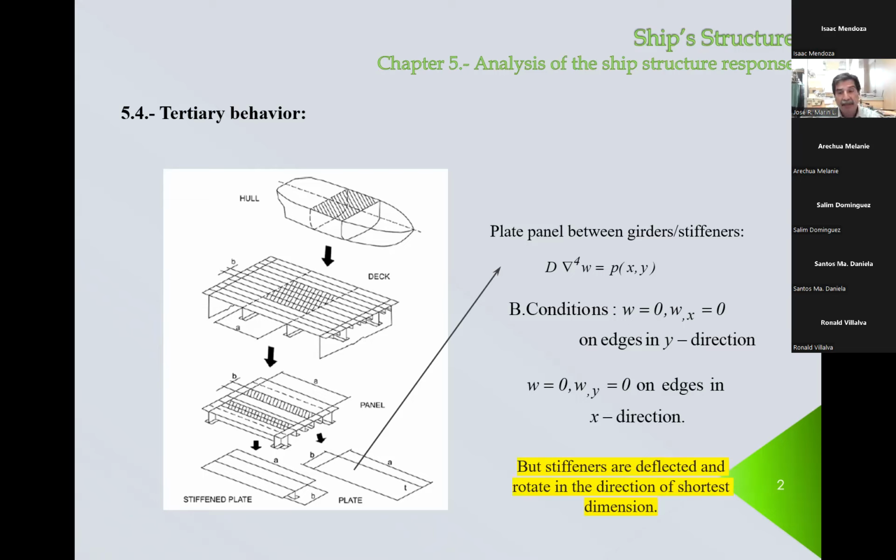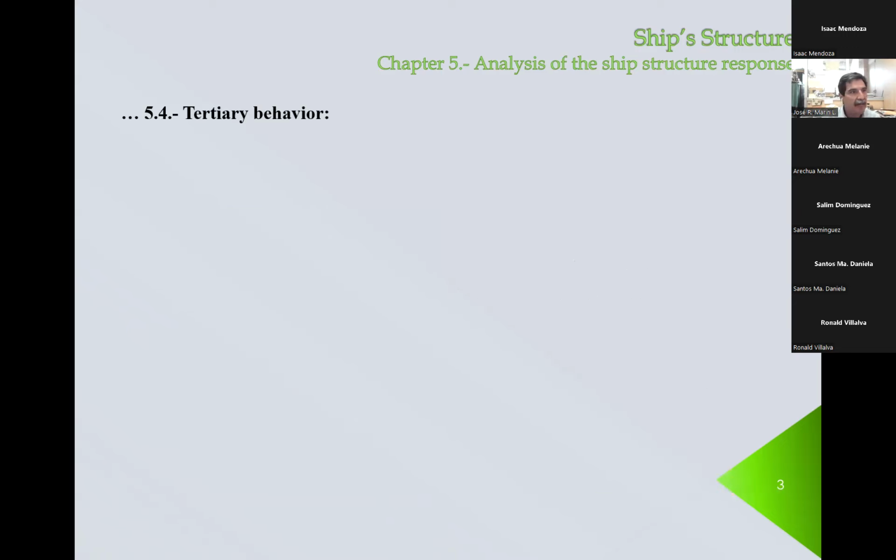We can take them as clamped as a reference, but that's all. They are not really clamped. So the stiffeners deflect, and once they deflect, there's a redistribution of the bending moment distribution in each plate. So we have to have that in mind.